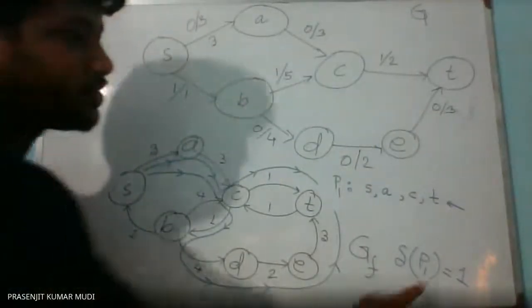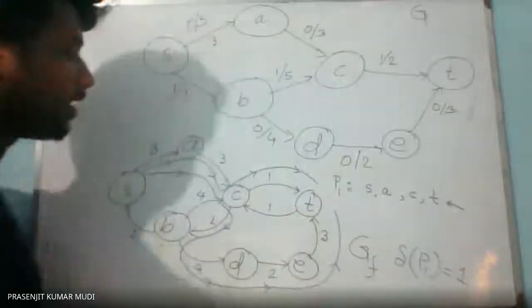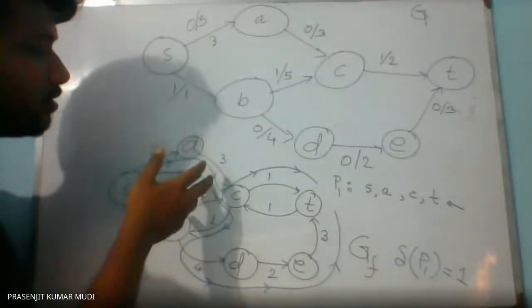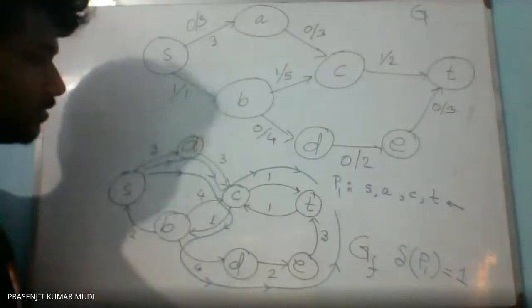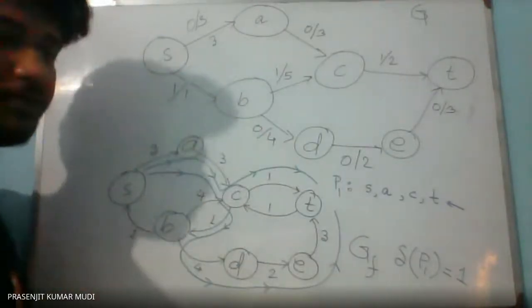Here delta P1 is equal to 1. That means you can increase the flow of all the edges by 1 along that augmenting path P1.